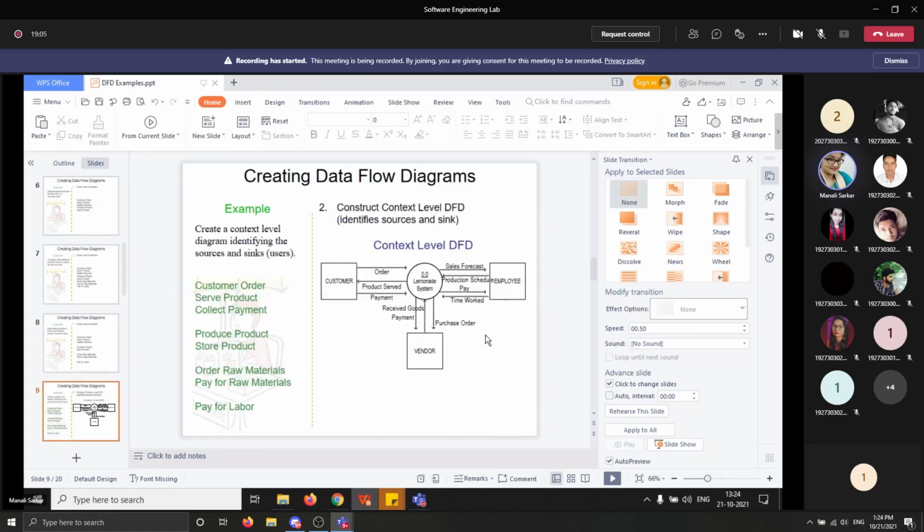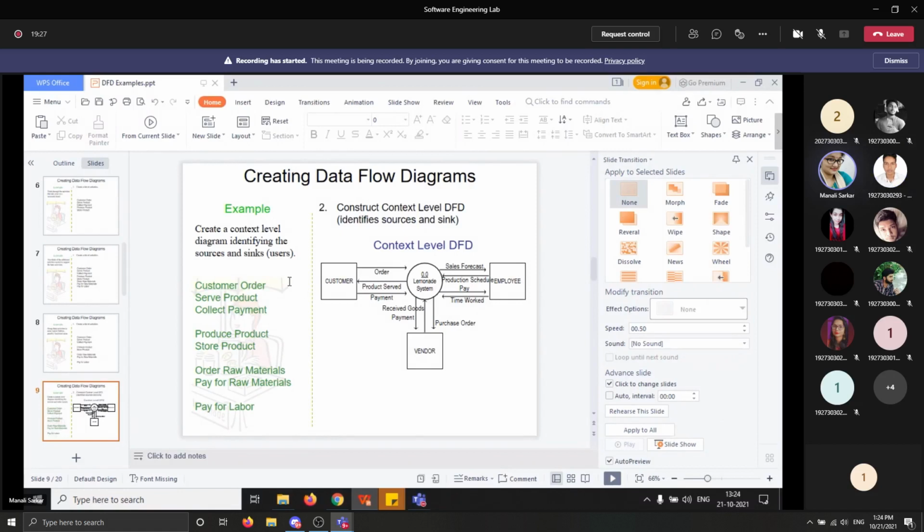So in the context level DFD, what we are doing, see, we know that in this data flow diagram, the entities are customer, employee, and vendor. So see here we have students. Is this slide clearly visible to all of you? Yes, ma'am.